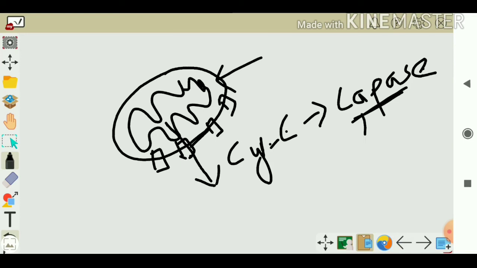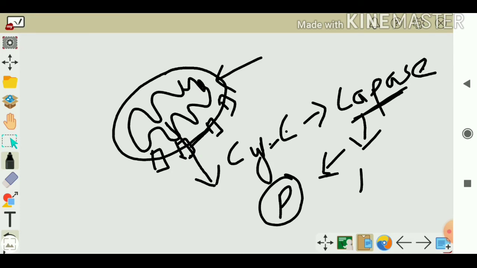Finally these caspases activate different proteolytic enzymes, including proteases and endonucleases. All those enzymes start to destroy proteins and the DNA, or nucleic acid. In this way, the cell undergoes a process of apoptosis.